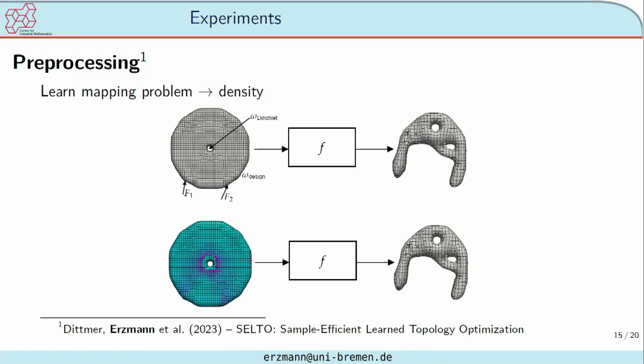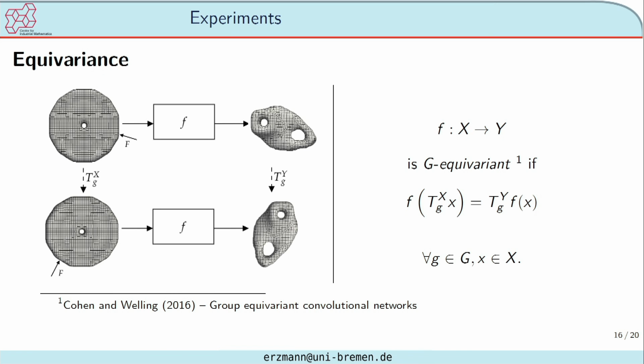Another property that I used in order to enforce physical correctness in a way is group equivariance. We had already had some talks on equivariance yesterday. You can look at the definition, but I think it's very easy to understand if you look at this image what equivariance means.